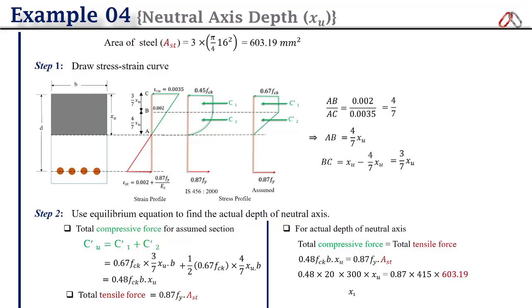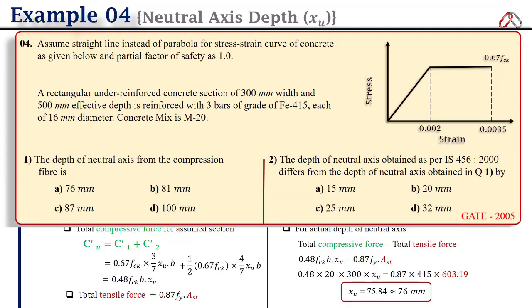So when you solve this equation, the value of XU is 75.84, which we can approximate as 76 mm. Hence, the answer for the first question is option A, that is 76 mm.